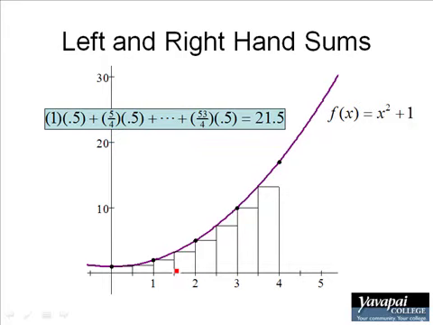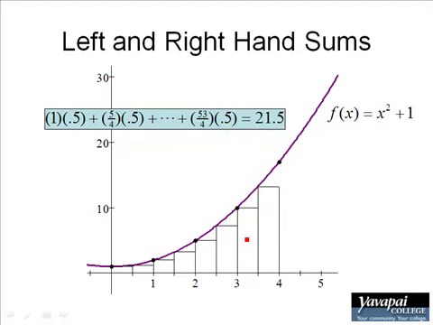We can continue to do this for every single one of these rectangles till I get all the way to the very last one. Then I put 3.5 into x squared plus 1, and what I get is that it's 53/4 high, 0.5 wide.